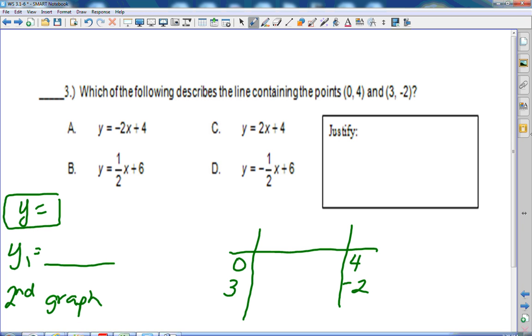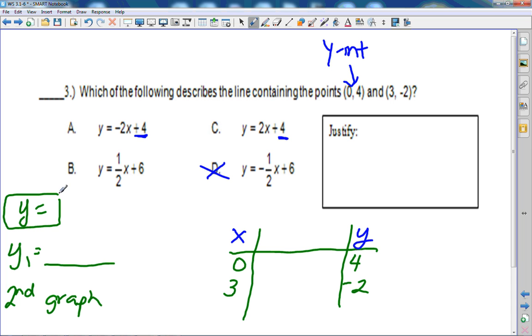Now, another way you can do that is to take your points and put them in a table. Remember, we've got x, then y. Now, this right here tells me this is my y-intercept. This is kind of an easier way for me to start. That's my y-intercept because it has 0 and 4. These are the only two that have a y-intercept of 4. So I could cross out and eliminate down to this.